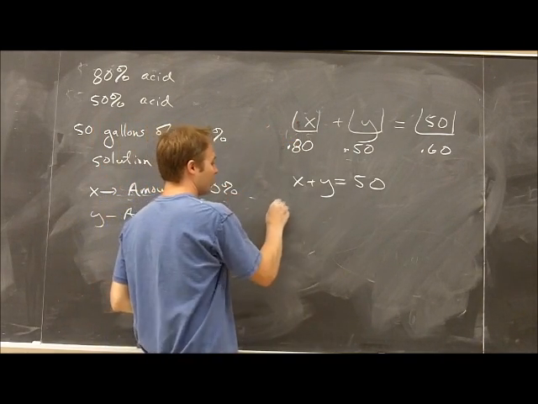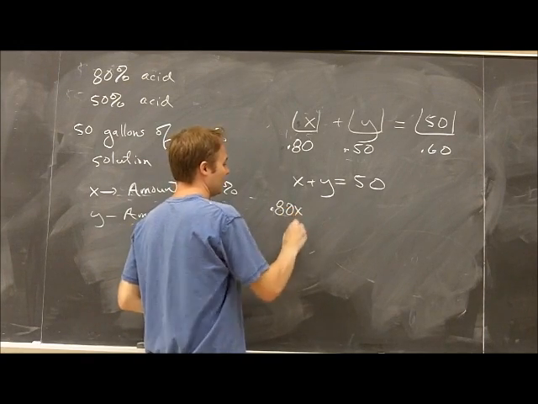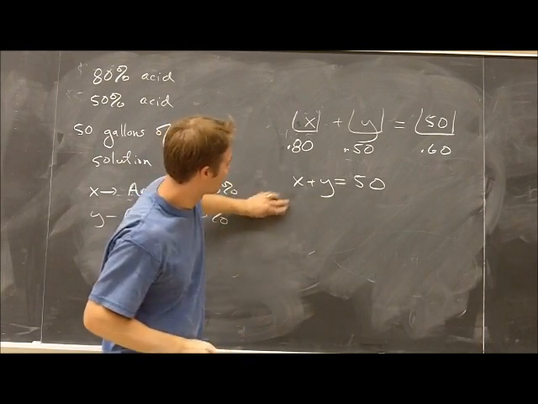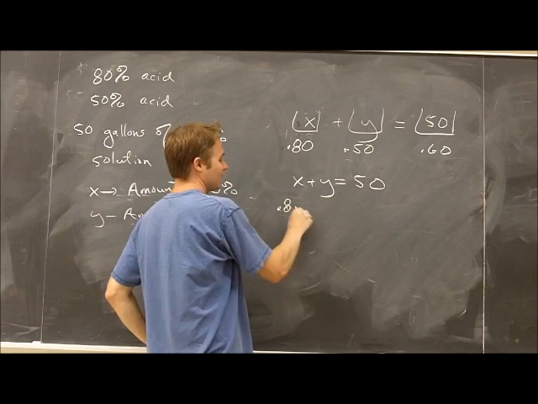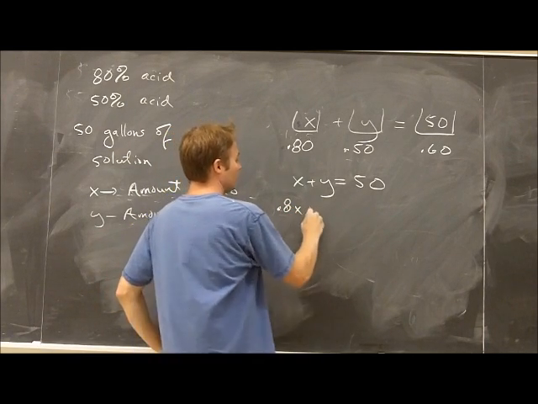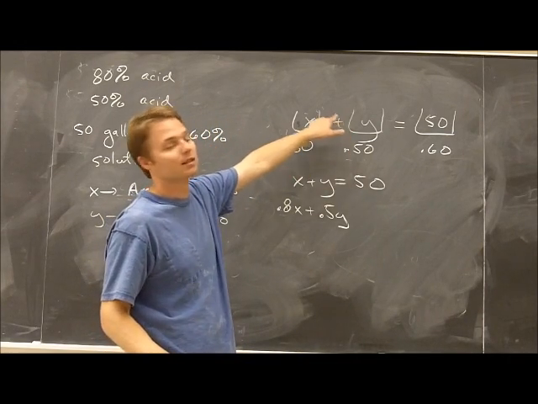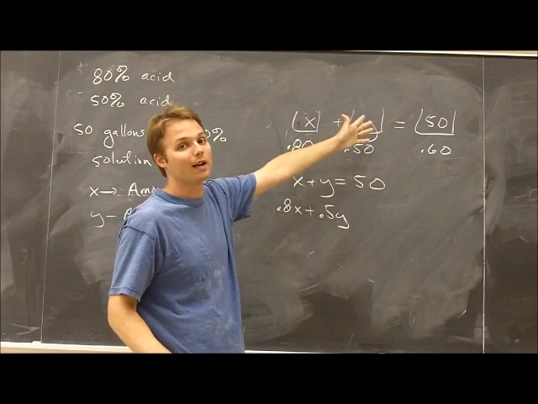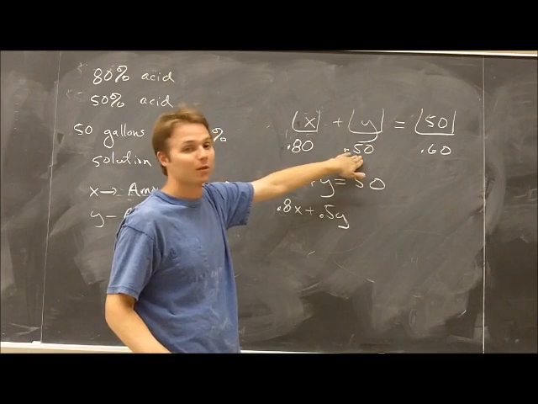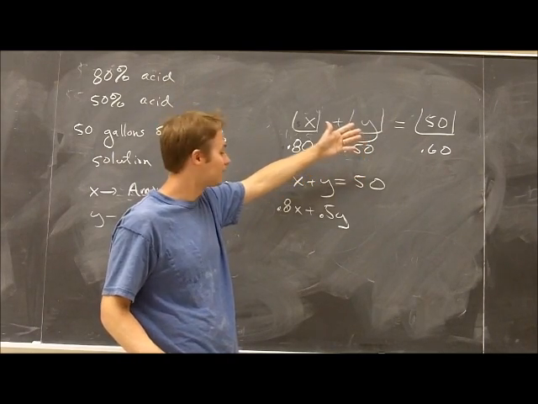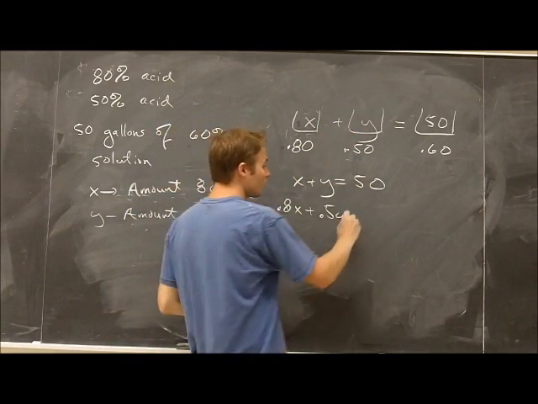So 0.8 times x, plus 0.5 times y. Again, this is the amount of acid that's in a solution of size y, because like 10 gallons, 50% of it is acid, 5 gallons of it is acid, the rest of it is water.